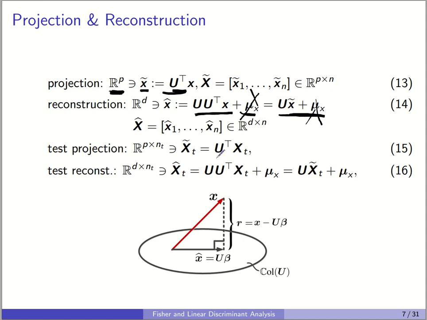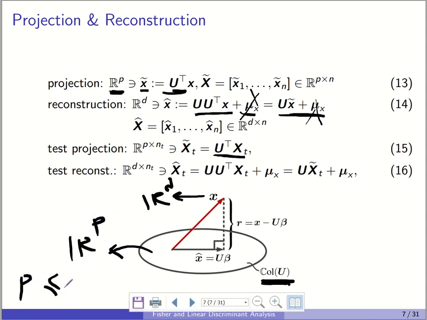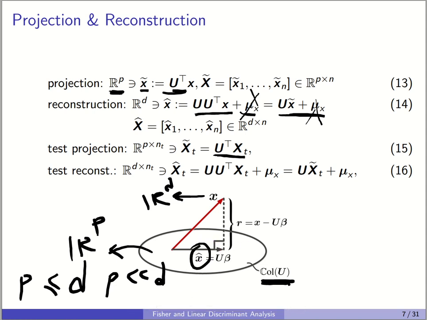In test projection, we project using the projection matrix which we found using the training data. And what is this figure? It says that if I have a point x, which is d-dimensional, I can project it onto the column space of U, which is p-dimensional. P is less than or equal to d, and usually it's much less than d. Then if we represent the projected data in the d-dimensional space, that's the reconstructed data x hat, and we have a reconstruction error.